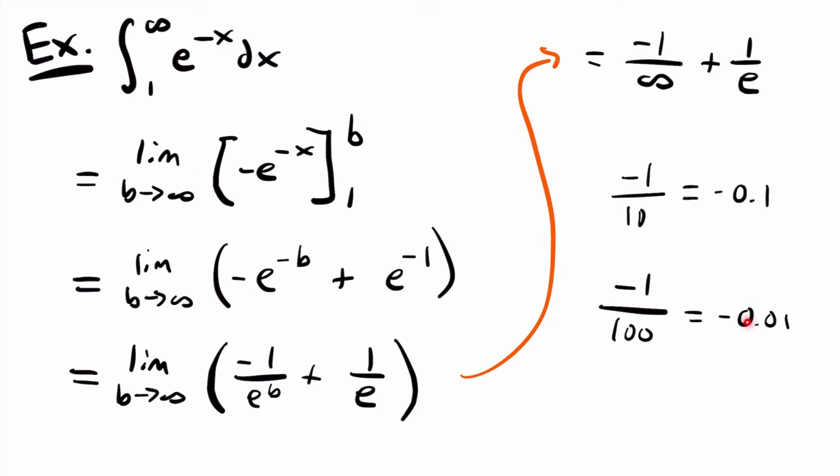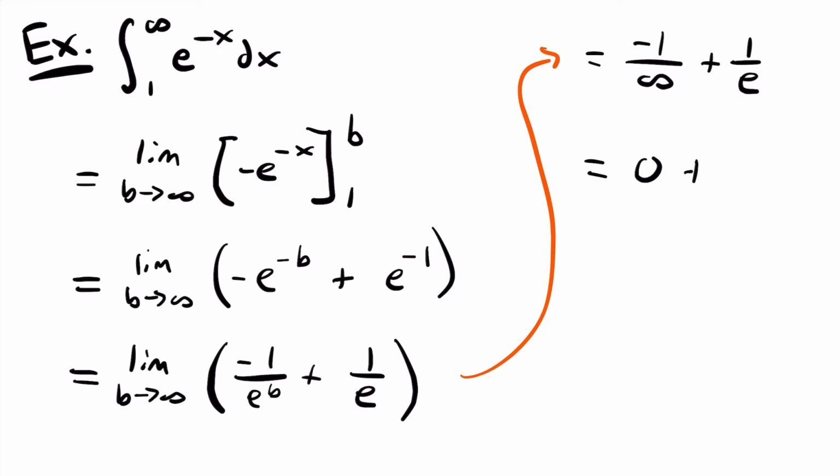And so this is closer to 0 than this value, and you would continue to get even closer to 0 as that denominator increases. And so we will say that this is equal to 0 plus 1 divided by e, which tells us that this is equal to 1 divided by e. And so that is the solution to this improper integral.